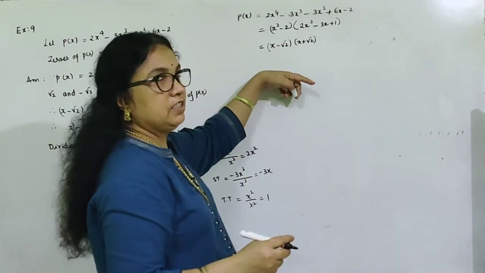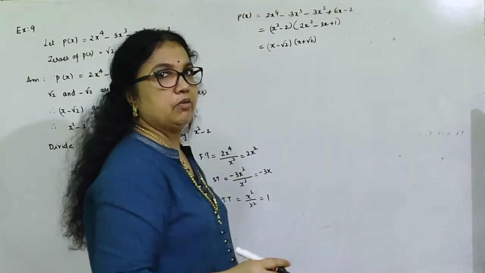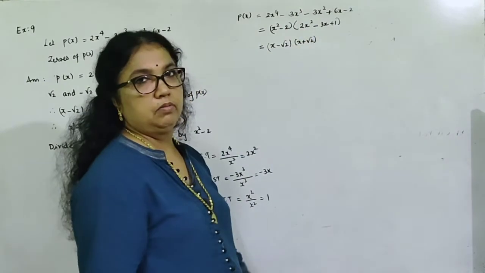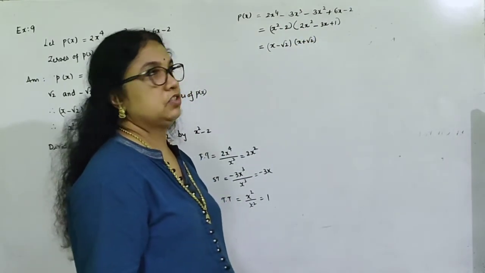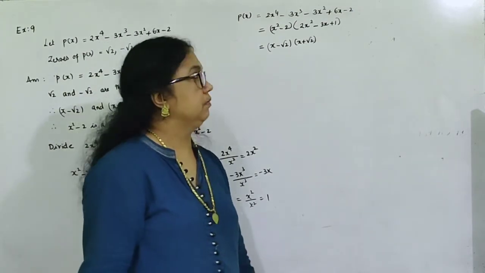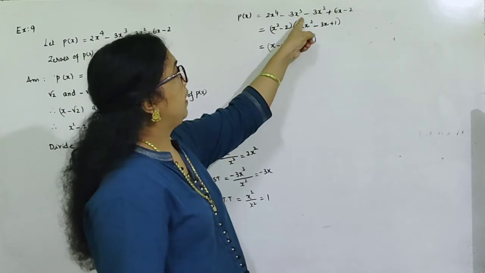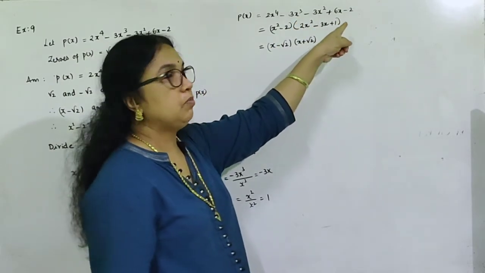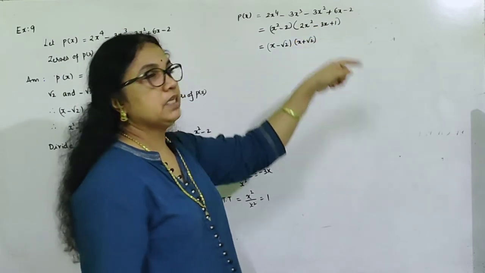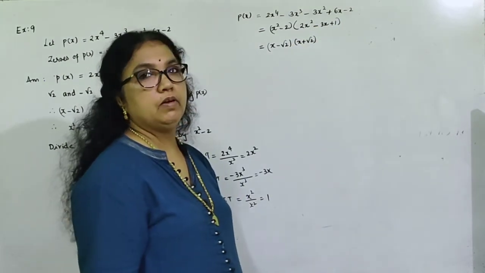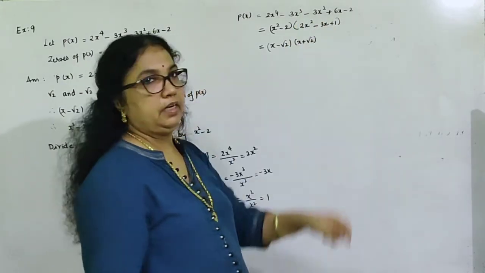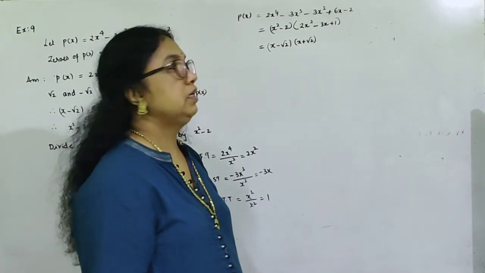So while writing its factors, write the same one. Now this is the new quotient you got, a quadratic polynomial. It is not a perfect square, so middle term splitting. The last term is positive, so both splitting terms will have the same sign. The middle sign is minus, so both will have minus signs. On multiplying 2, on adding 3: 2 ones are 2, 2 plus 1 is 3.